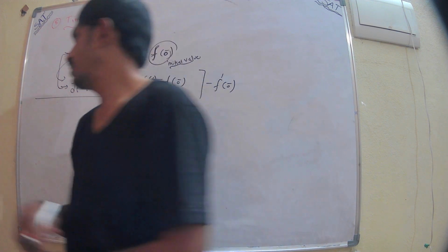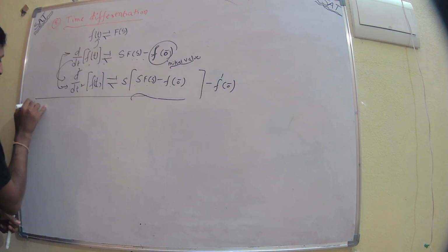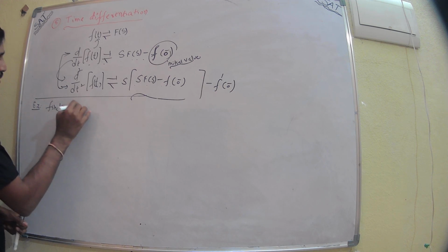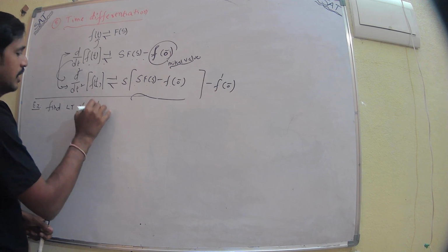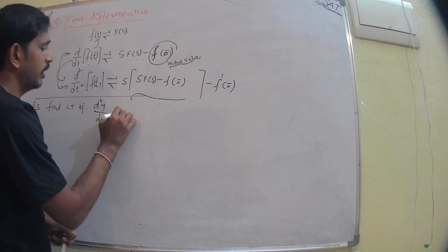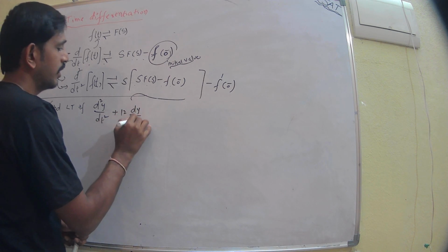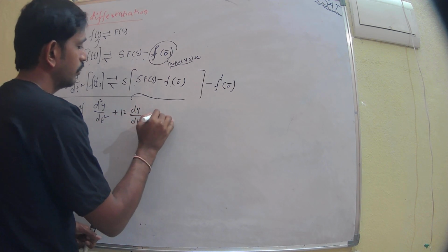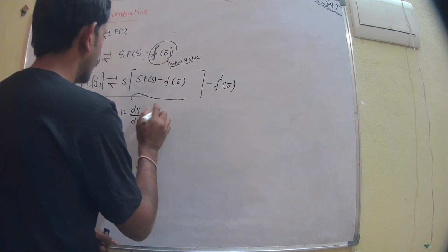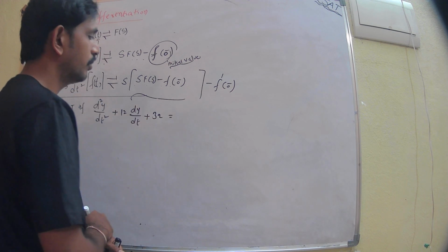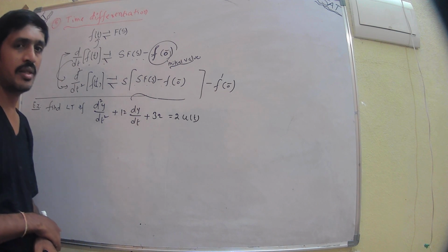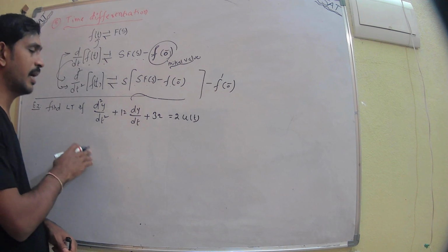Now I can take an example for this. Find the Laplace transform of d square y by dt square plus 12 into dy by dt plus 32 y of t is equal to 2 into v of t. This is my differential equation, a function in the time domain.